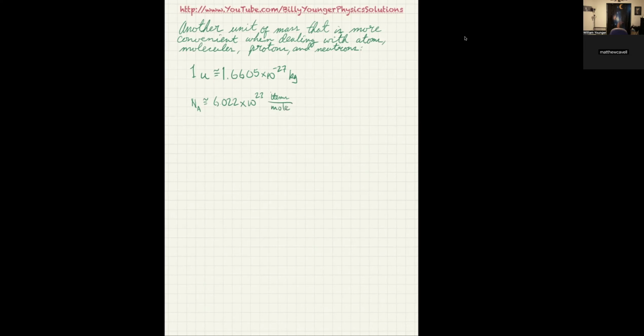Now, often books will just state this as a unit of mole to the negative one power. That's fine too. I like to put the items up there to let you know that Avogadro's number is really something related to moles, and it has to do with the number of items in a mole.